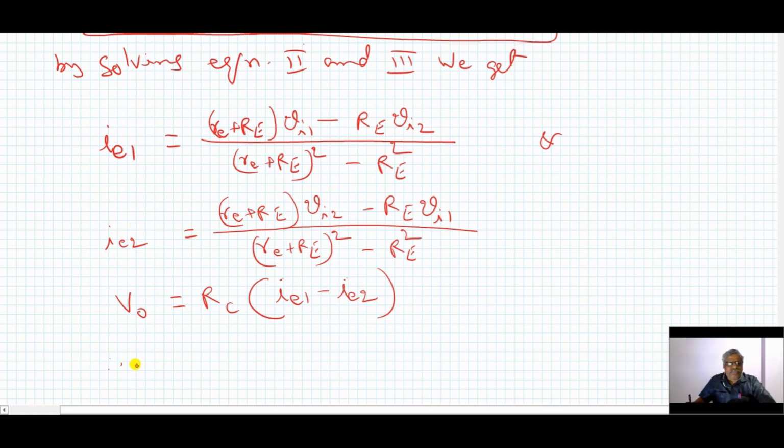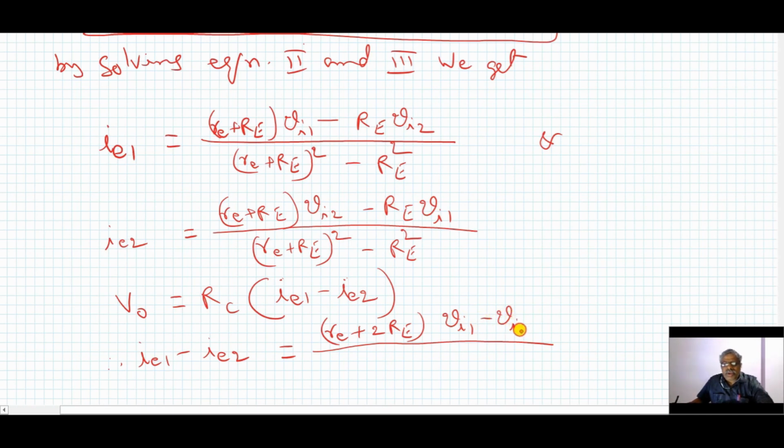Therefore IE1 minus IE2, if you calculate, we get an expression like this: small re plus 2 into capital RE into VI1 minus VI2 divided by small re plus capital RE whole square minus RE square.